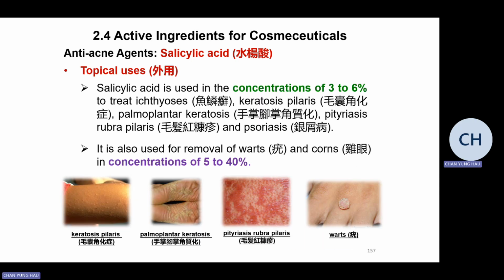For topical use, a suggested concentration of 3 to 6% is used to treat, for example, some skin diseases such as psoriasis. Higher concentrations, such as 5 to 40%, require medical consultation, and will be used for the removal of warts and corns.